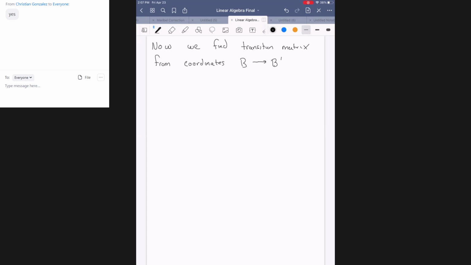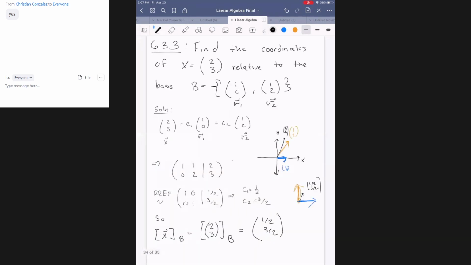So what does this mean? Well, right here for this one, the transition matrix was this guy right here. If I took this matrix and multiplied by a vector in the standard basis coordinates, it gave me the vector in the B basis.